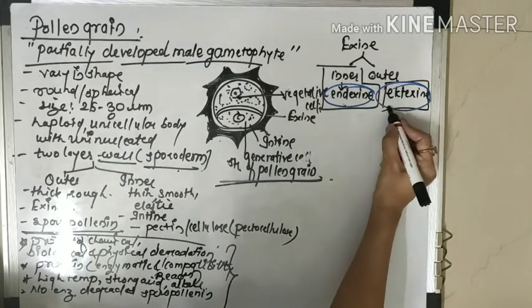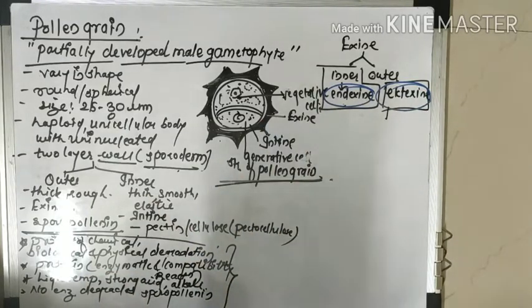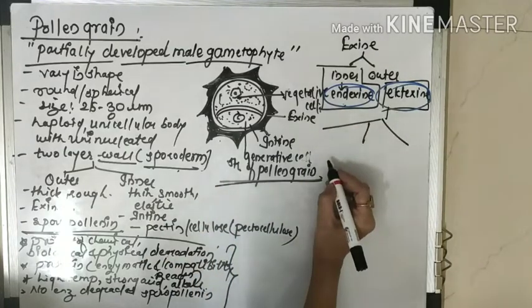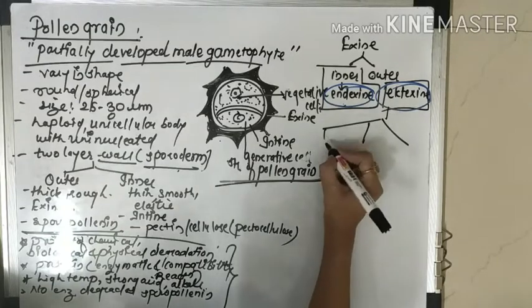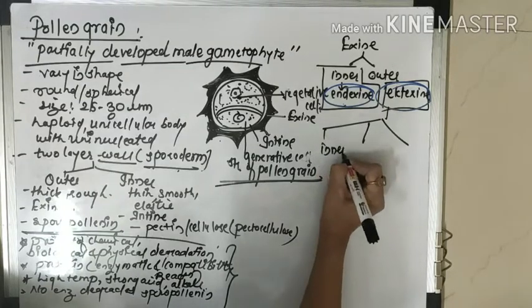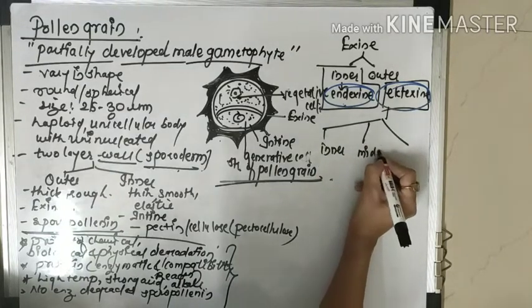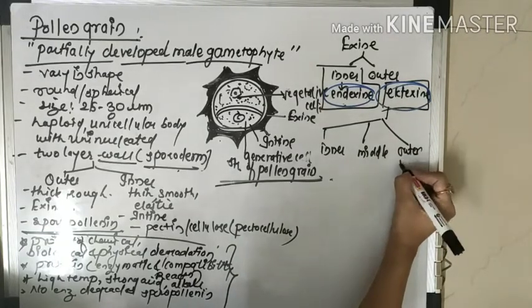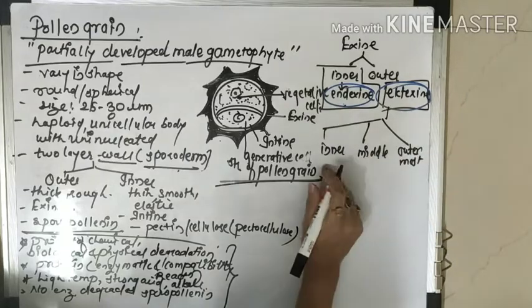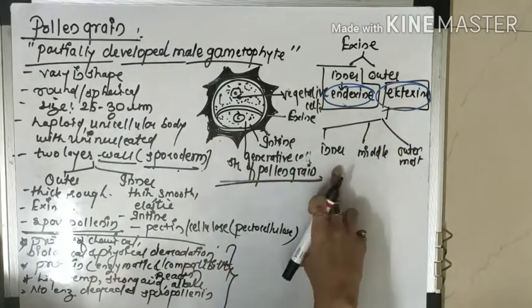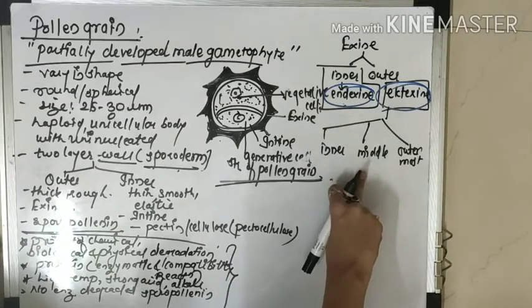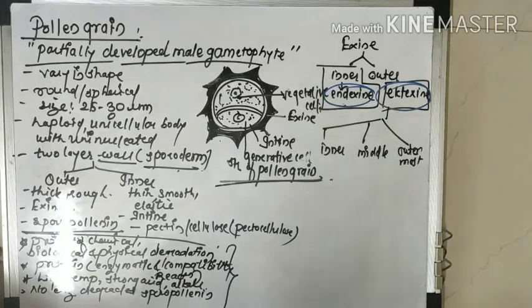Now this ectexine is further divided into three parts: inner, middle and outermost layer. The inner one is a continuous foot layer.